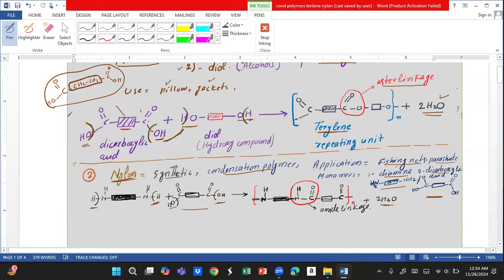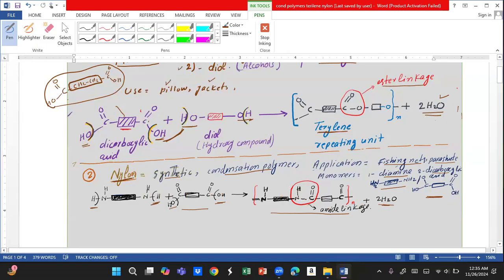In this way, we will have two water molecules along with the formation of this repeating unit of nylon. You know why I say repeating unit? Because in this case the two monomers are different, so we have to show both monomers in the repeating unit. Otherwise, there are thousands of monomers in one polymer.